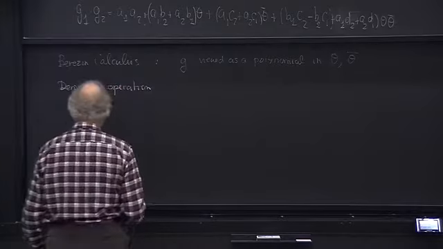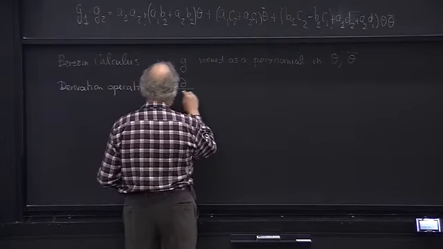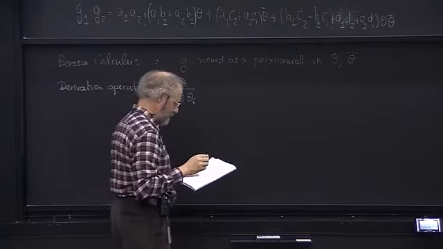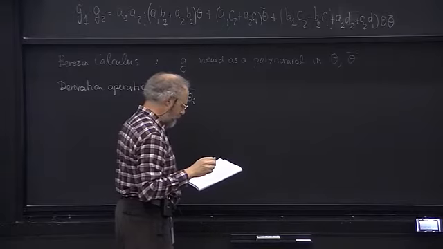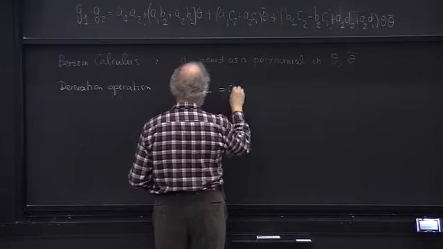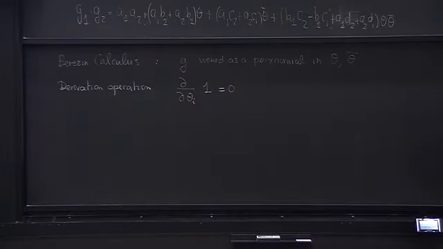So I'm going to define a derivation operation by taking the derivation with respect to a generator theta i to be 0 if applied to a complex number. Is this G the same as the above?